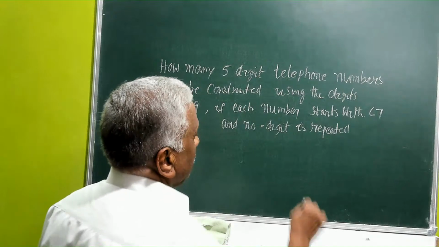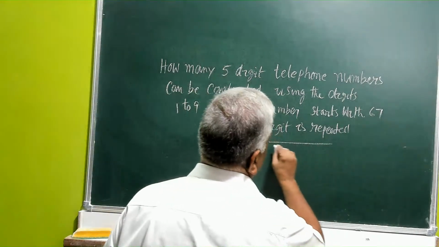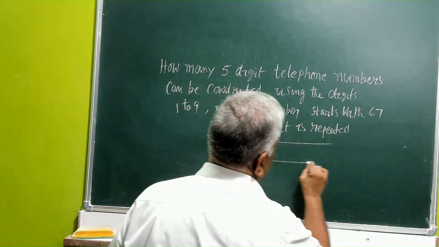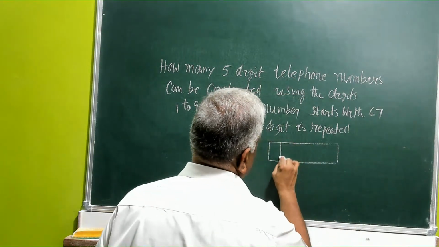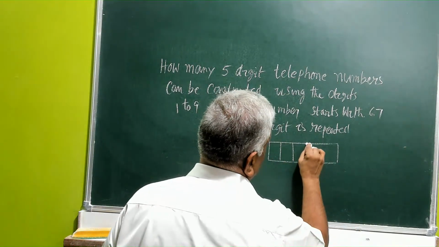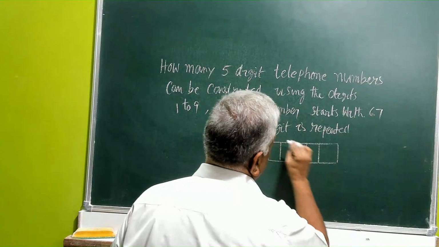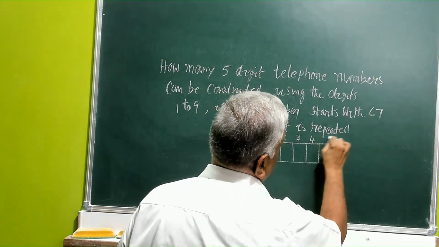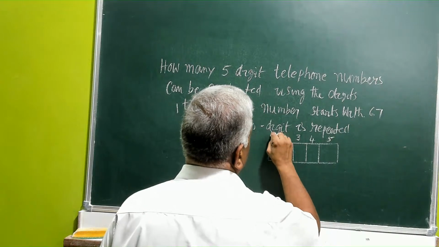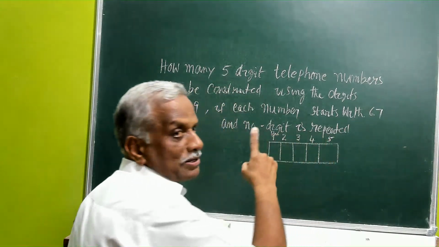Now, how many digit number do you want? You want 5-digit numbers. So I have 5 boxes: first box, second box, third box, fourth box, and fifth, 1, 2, 3, 4, 5. Don't mistake these boxes for numbers.